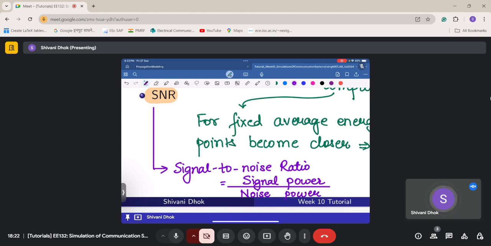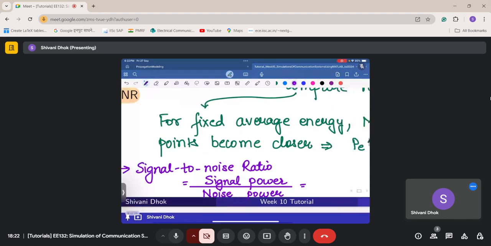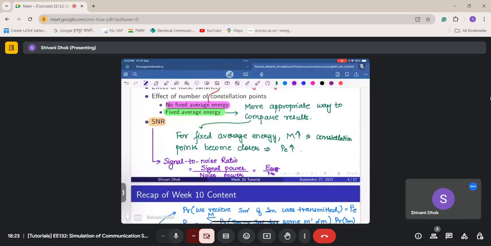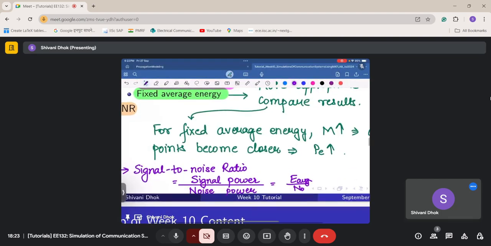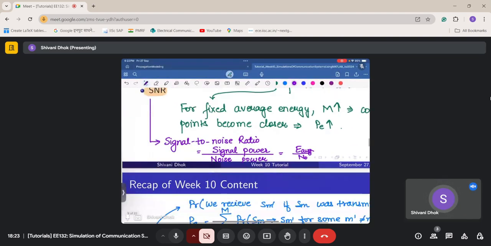And this is equal to, you can write it as E average upon N naught, where N naught is your noise power. Okay, is it clear? I hope this part is clear.